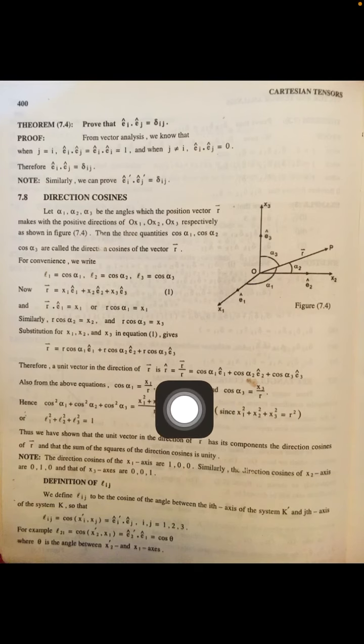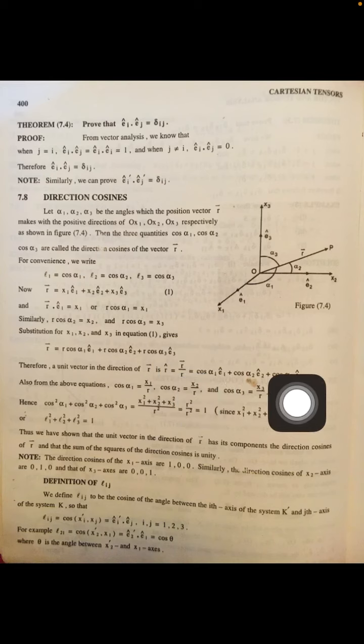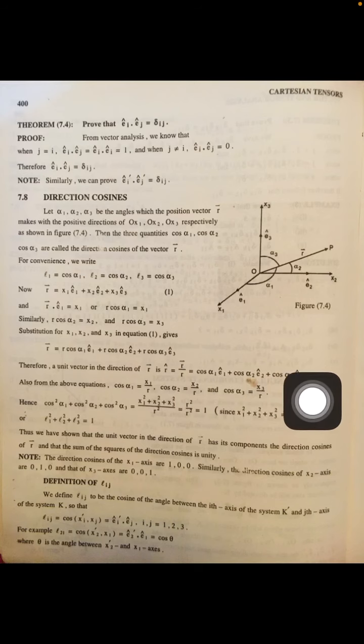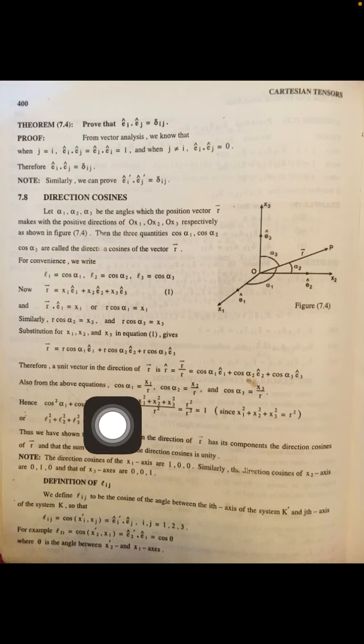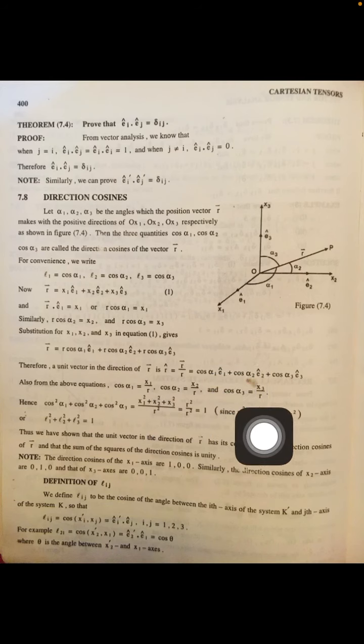Now the basic unit vector in the direction of r is given by the formula r vector divided by r. This r is a scalar quantity. So when dividing the r vector by simple r, the r cancels out and we have only this result. If we simplify, I get cos alpha 1 equals x1 over r, cos alpha 2 equals x2 over r, and cos alpha 3 equals x3 over r.